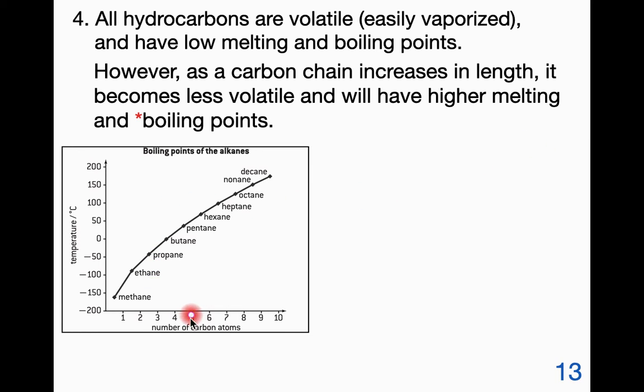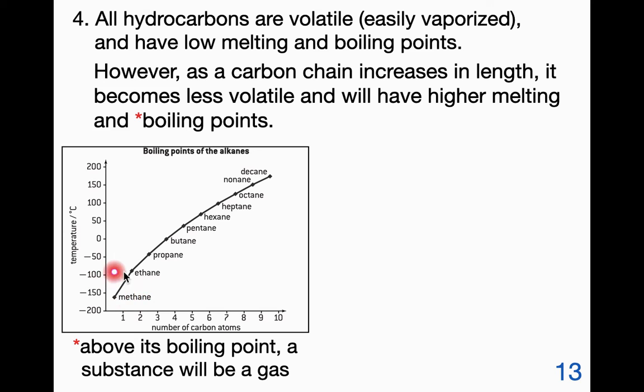So this is a plot of carbon chains going from 1 carbon, 2, 3, etc., and the relative boiling points of the alkanes. Now, by boiling points, we simply mean above the temperatures given, the substance will be a gas. So above 0 degrees Celsius, all of these substances would be gases.